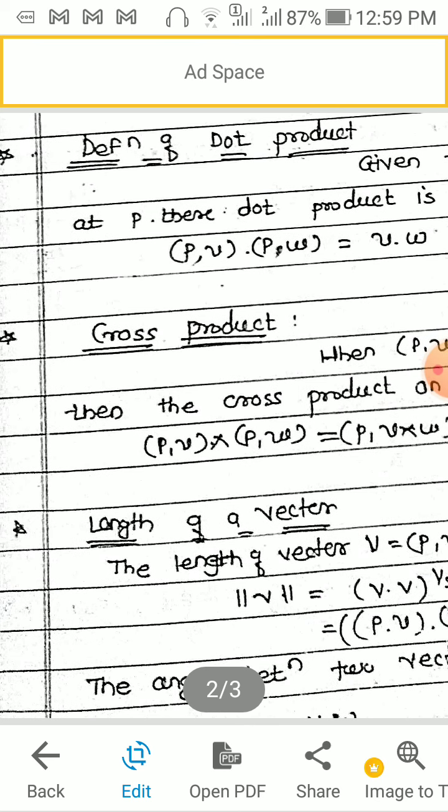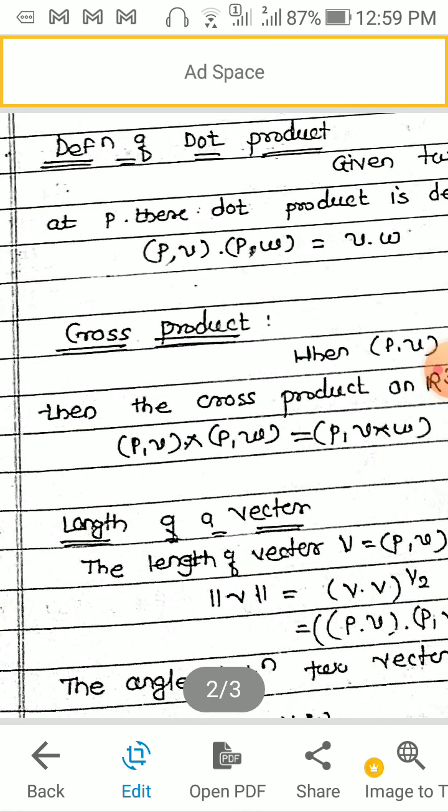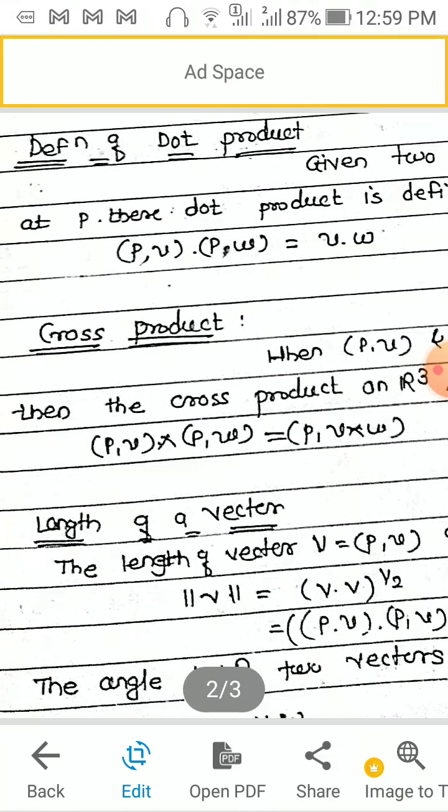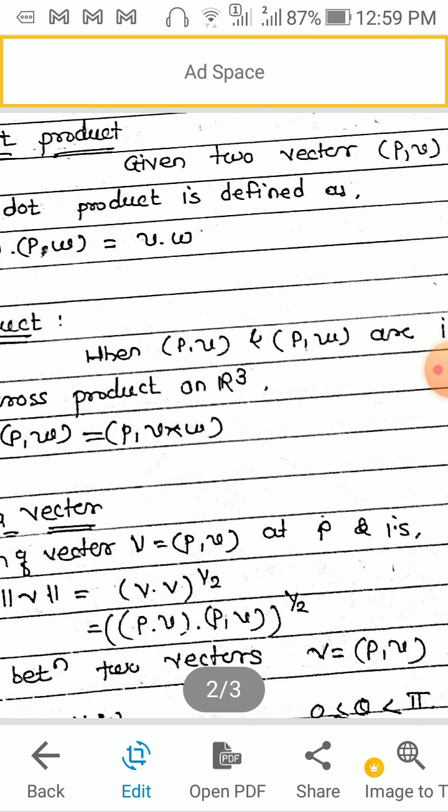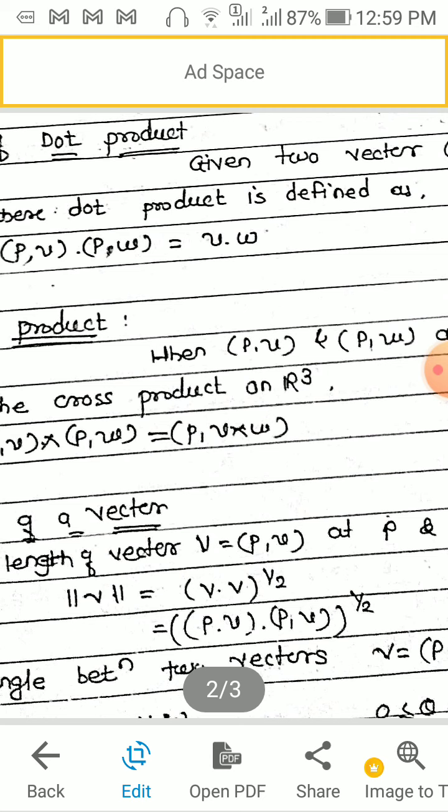Now, length of the vector. The length of vector capital V, which is (P,V) at the point P, is denoted by norm of V. In previous classes, in 12th class, you have defined this as mod V. Now in R^{n+1} it is denoted by norm of V, meaning the length of that vector.